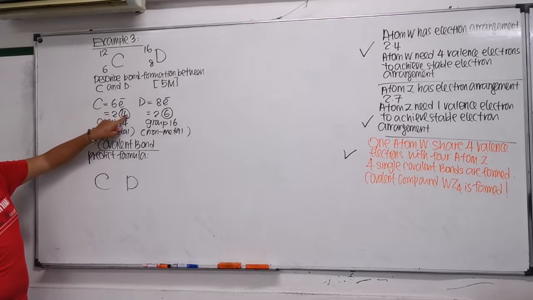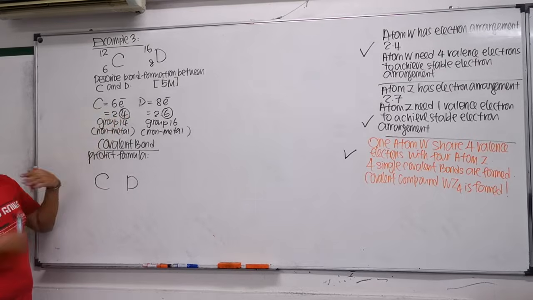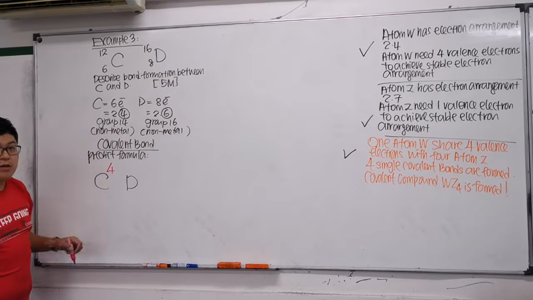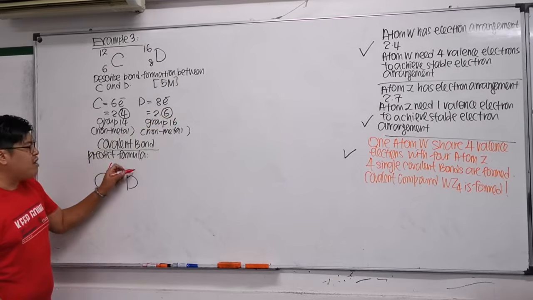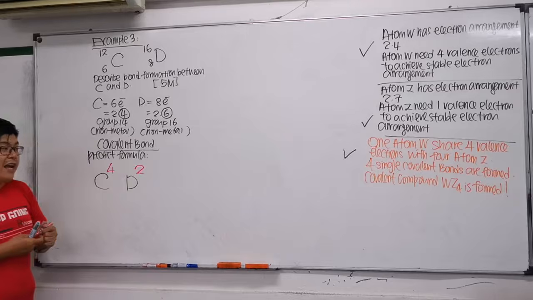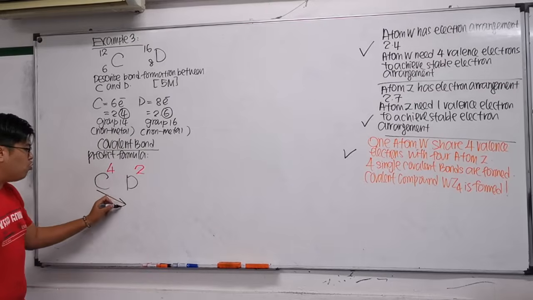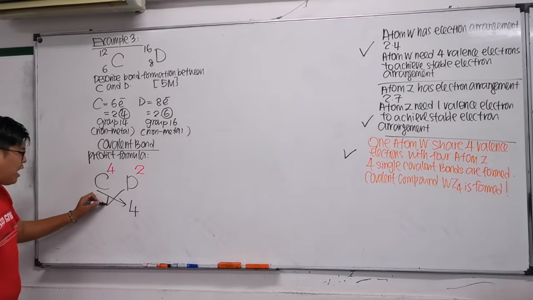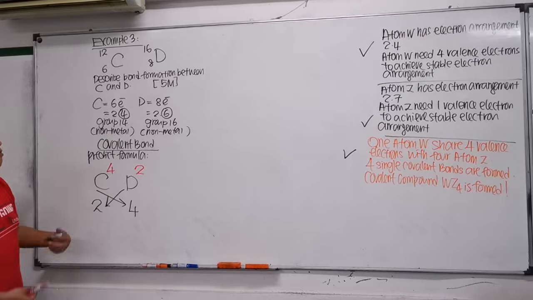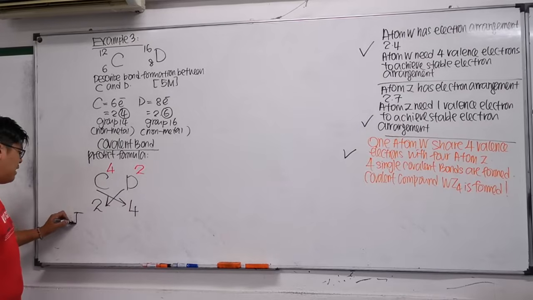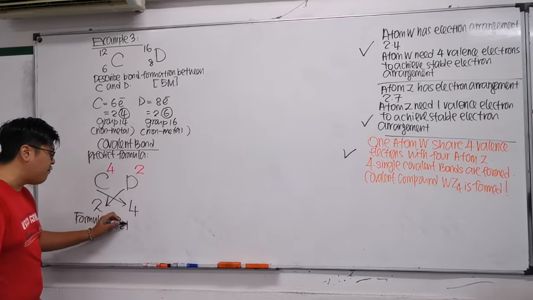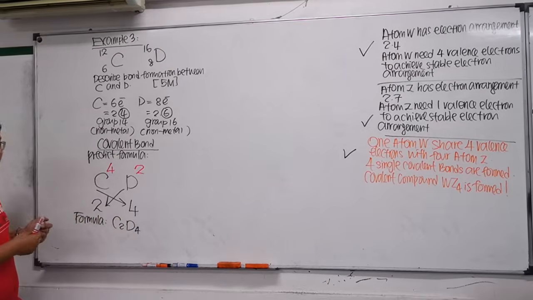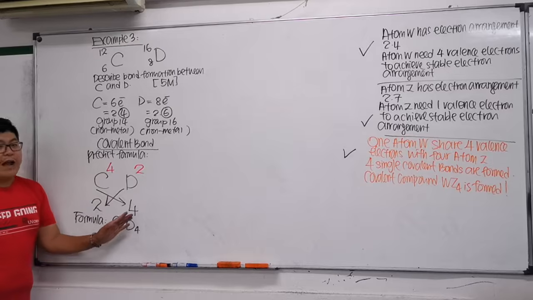C has 4 electrons, you are looking for 8, you need 4 more. D has 6 electrons, you're looking for 8, you need 2 more. Exchange the numbers: 4 goes over to the right, 2 comes over to the left. So technically, your formula is C2 D4.